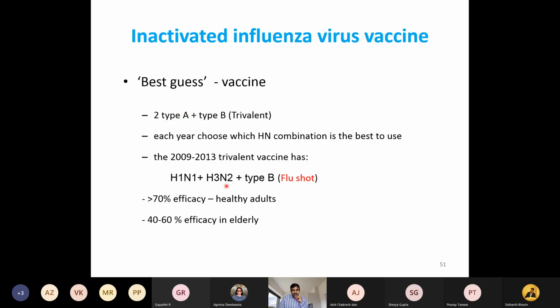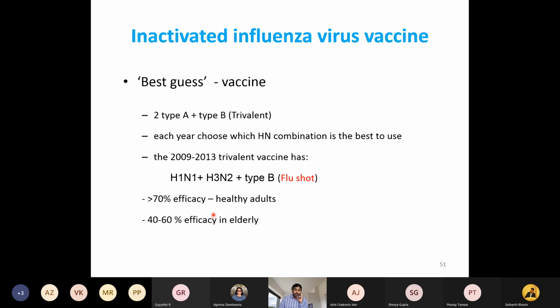Those are the constituents of influenza A. We also include influenza B in that vaccine, a killed influenza type B virus, which is not A. Influenza B does not usually have animal reservoirs, and it causes less severe infection, but it's very common among children less than 5 years of age, so this is also included to protect them. It's called a trivalent vaccine because it has 2 configurations of influenza A and 1 configuration of influenza B.